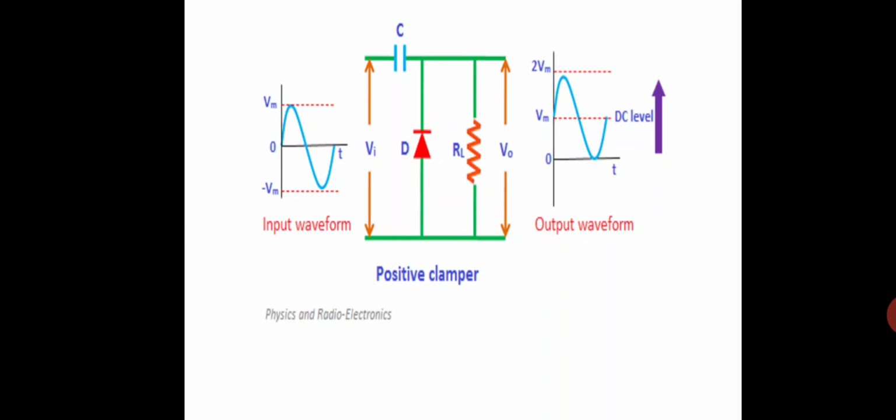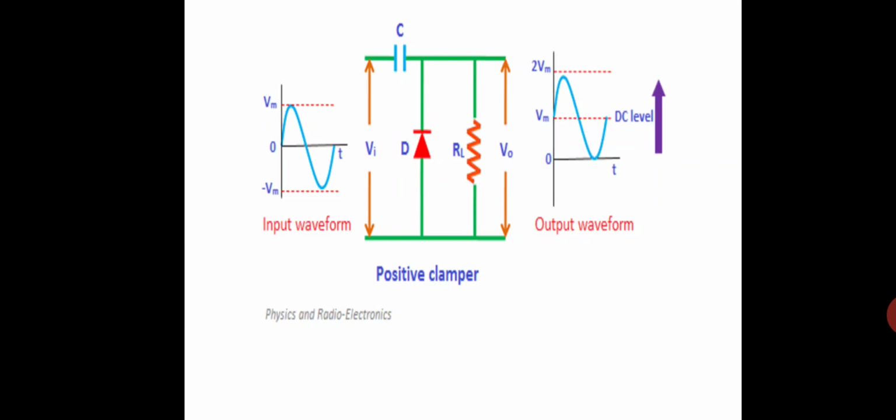When the diode positive terminal and battery positive terminal are connected, it is called a positive clamper with positive bias. If the battery terminal and diode terminal are connected in reverse polarity, it is called a positive clamper with negative bias.